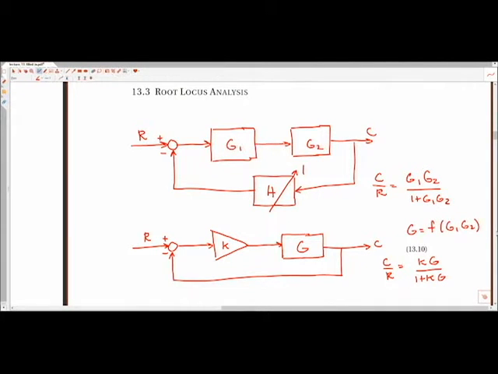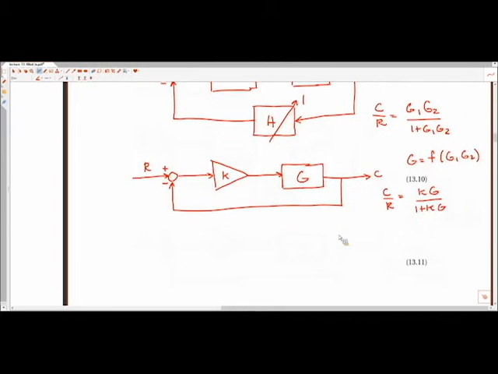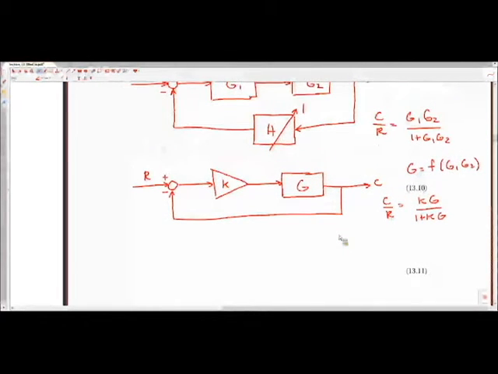So it's everything that's in G1 G2 except a single gain on our system, which is a simplified way of looking at it.